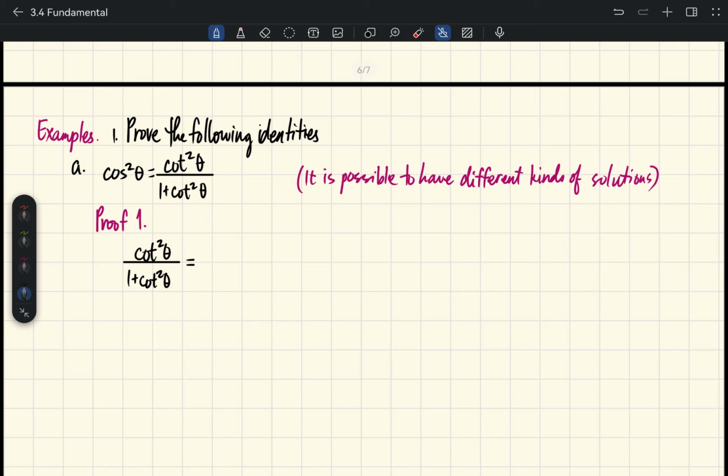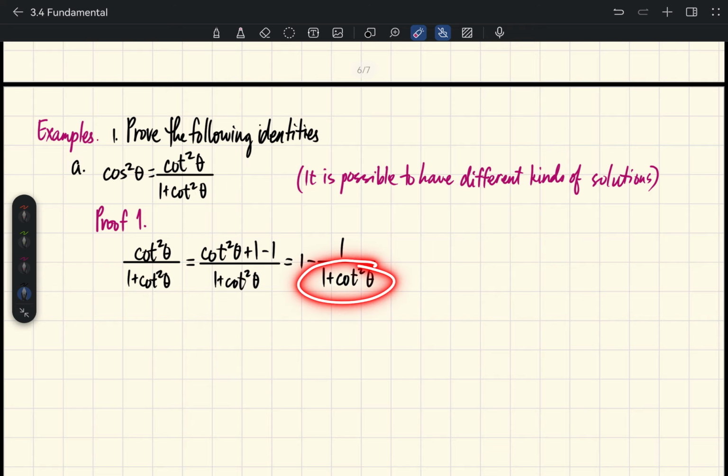So we have cotangent squared theta plus 1 minus 1 all over 1 plus cotangent squared theta. And this one right here is just 1. Then minus this one right here, the one that's remaining. So we have minus 1 all over 1 plus cotangent squared theta.